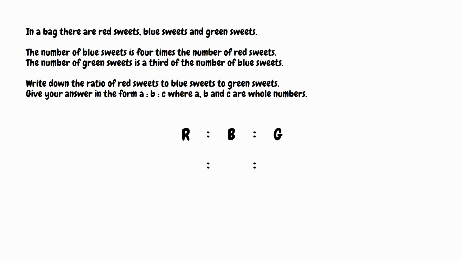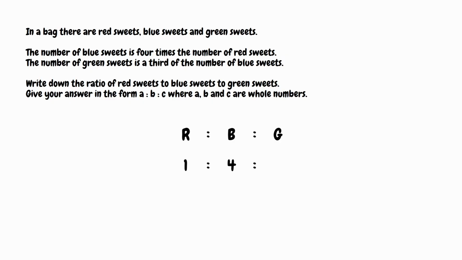So our final ratio is going to be red to blue to green, and looking at that first bit, we're told the number of blue sweets is 4 times the number of red sweets. So that means for every 1 red sweet, there will be 4 blue sweets. So we can see there just the ratio of red to blue would be 1 to 4.